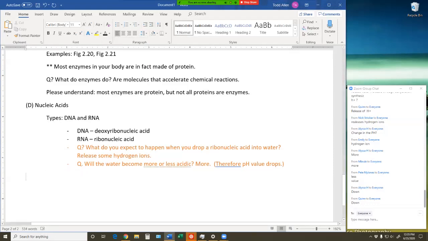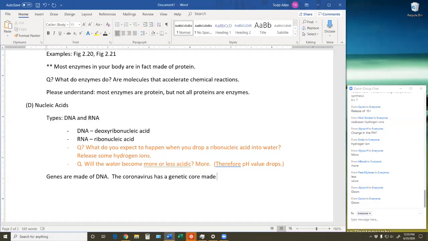Genes are made of DNA. And in fact, simply because it's very contemporary, the coronavirus has a genetic core made of RNA. The coronavirus genes are made of RNA.